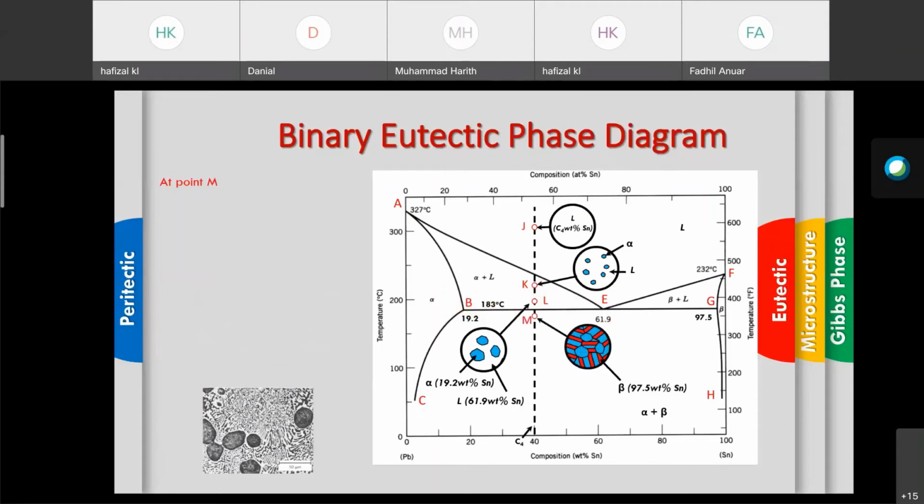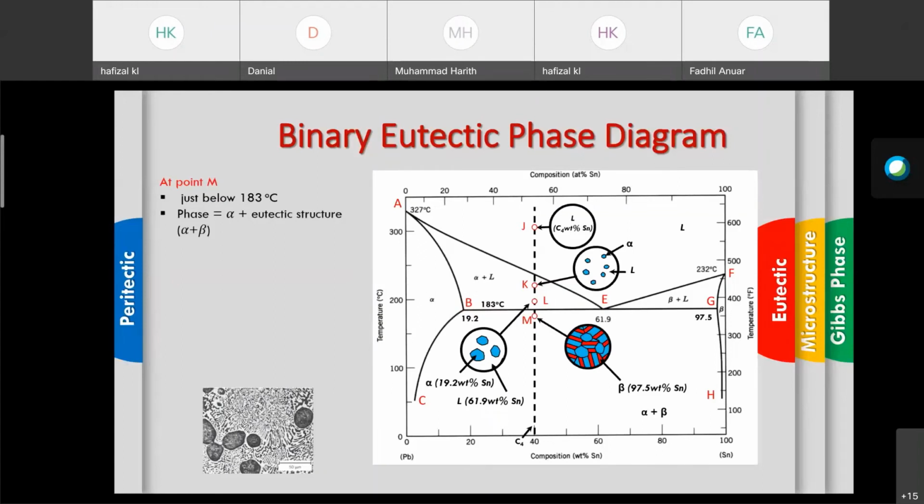Okay, at point M the value is a little bit lower than 183 degrees Celsius, maybe 182.5 or something. So at this area we can see there is a difference in terms of microstructure, and the phase existing is alpha plus also the eutectic structure.